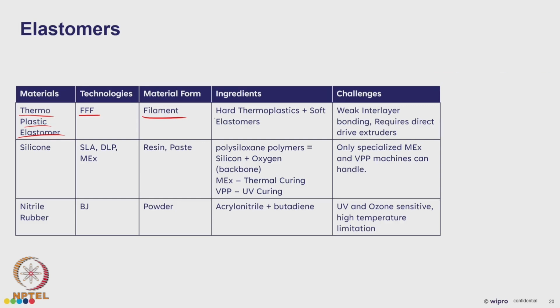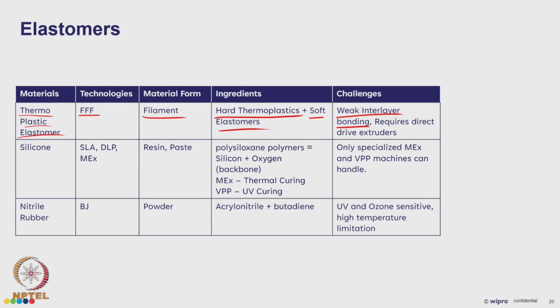That is, we create that material by adding thermoplastic material with soft elastomers. The problem with thermoplastic elastomers is weak interlayer bonding, which actually requires a direct drive extruder, and this is the category under which TPU and SCBS material comes in.